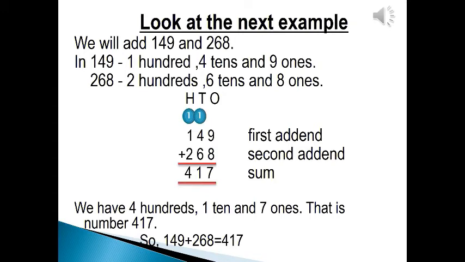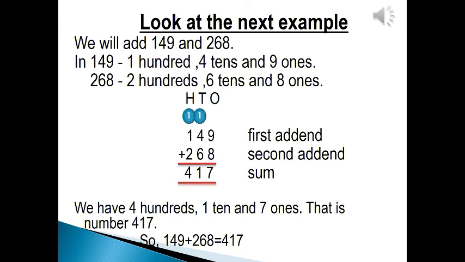Look at the next example of carryover. We have the numbers 149 and the second number is 268. In 149, 9 is at ones place, 4 is at tens place and 1 is at hundred place.